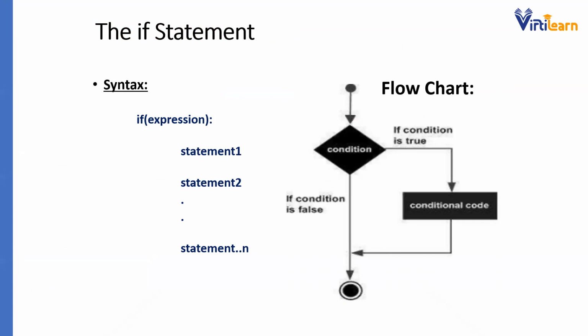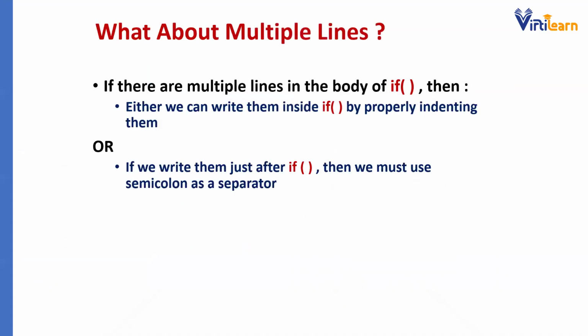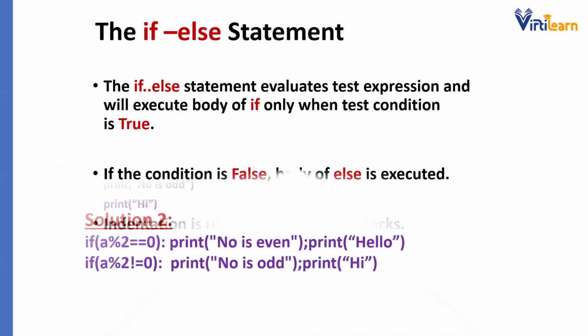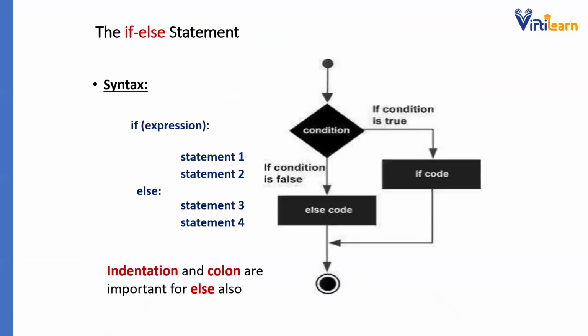Otherwise, we will skip that block and go ahead with executing the rest of the code. Now, coming to if else, the flow chart is a bit different. It is going to check a condition. If the condition is true, it is going to execute if block statements. If the condition is false, it is going to execute else block statements. And again, it is going to continue with the rest of the code.